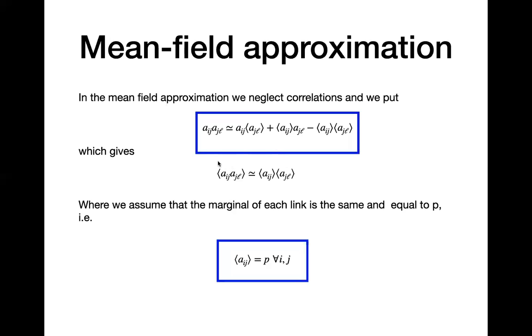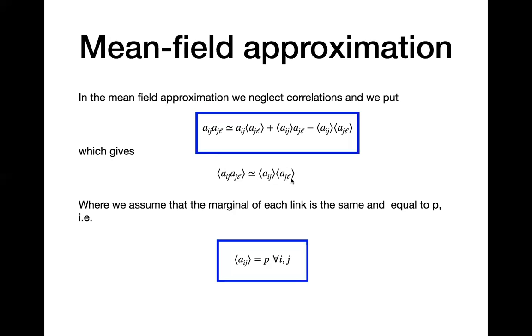In fact, if you take the expectation of the left-hand side, you have the product of the two expectations twice minus one. So practically, the expectation of the product of the two adjacency matrix elements is equal, in this approximation, to the product of their expectations. So what we are really doing is saying that these variables are not correlated. So you are neglecting the correlation.